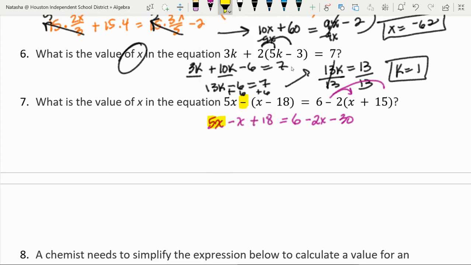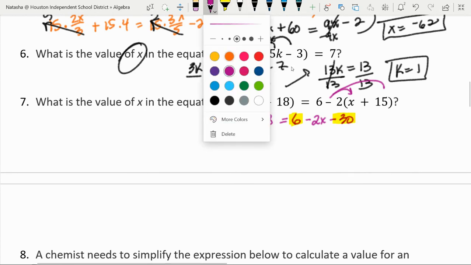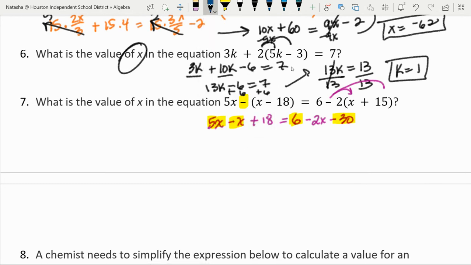Now we can combine any like terms. Notice I have like terms here and I have like terms here. Like terms are on the same side of the expression, so be very careful about that. So that becomes 4x plus 18 is equal to 6 minus 30, which gives me negative 24, minus 2x. Move first and then combine like terms.